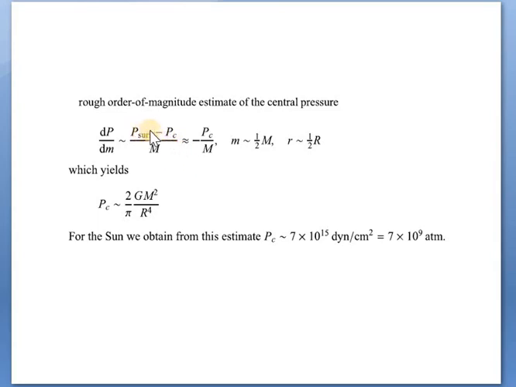Similarly, pressure at the surface minus pressure at the center, and we get approximately this value over here. If we do that, we get this relationship. This is a very rough order of magnitude estimate, so we get Pc of the order of 10 to the power 9 atmosphere.